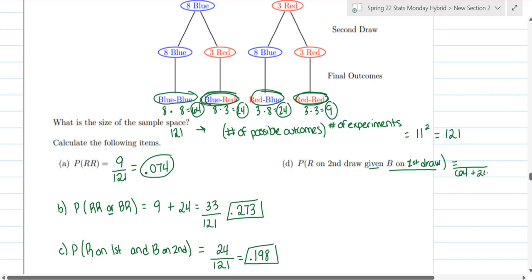So my denominator here is going to be 88, because blue on the first draw is either blue-blue or blue-red. Now within that sample space, red on the second draw is right here, blue-red. So there are 24 ways to do that out of 88, which is going to give us 0.273.